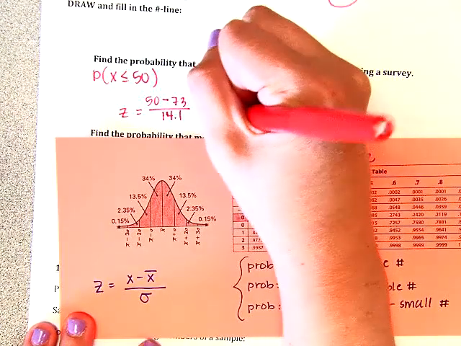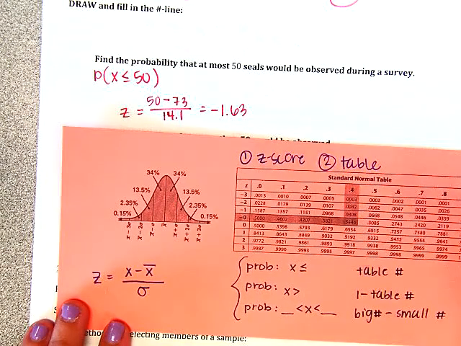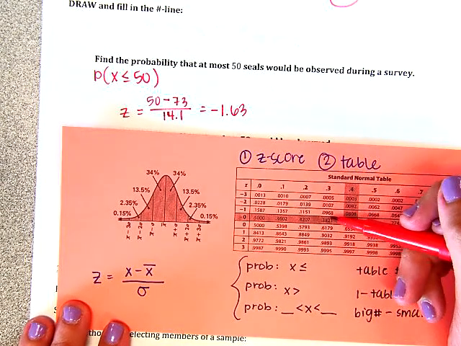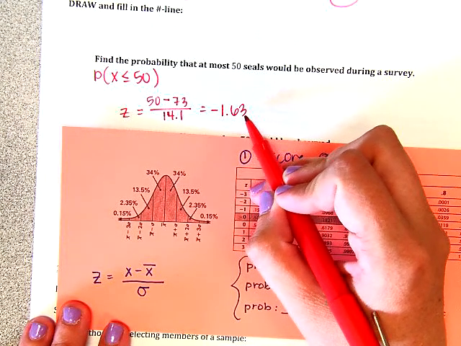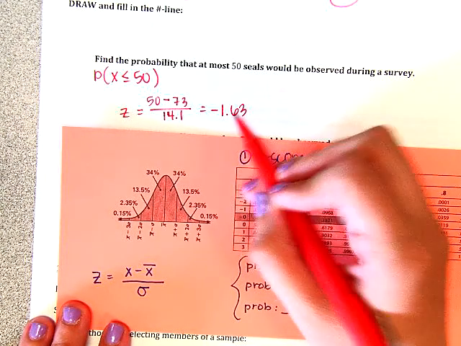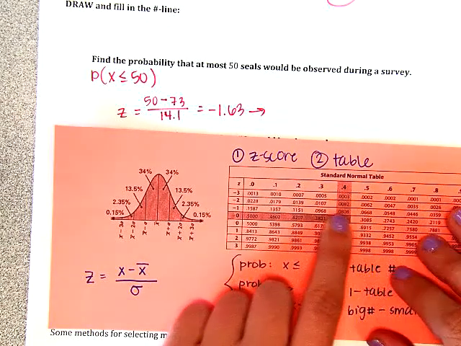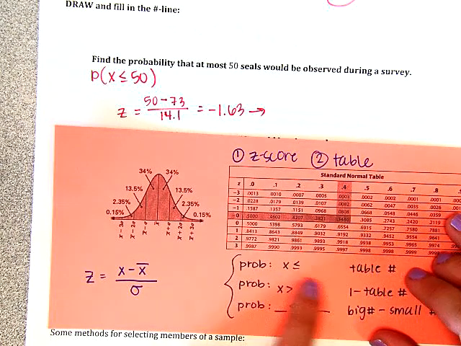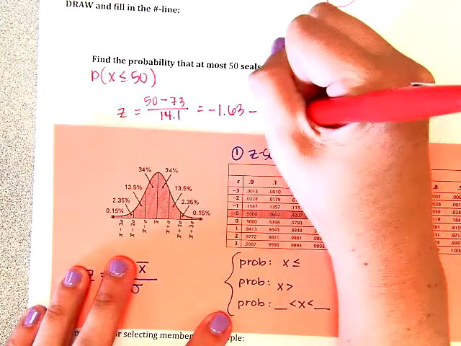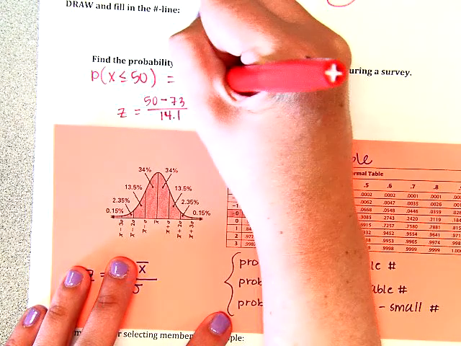I get negative 1.63. Now, with your table, your z-score, you're always going to do one decimal place. Since it's a 3 afterward, it stays 6. So now I go to my table and I do negative 1.6 and I get 0.0548. Since it's less than, it's just my table number. So 0.0548. So there's my probability.